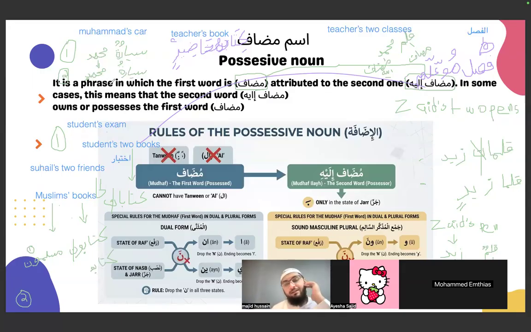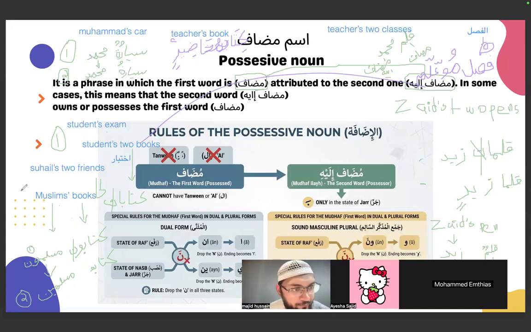Here we were saying the mudaf ilayh, the person who owns, should be in majroor form, correct? Everyone agree with me? Yes. طيب, what will be muslimuna in majroor state? Muslimin. أيوة ما شاء الله. كتاب مسلمين. That's how you will do it in the plural form.